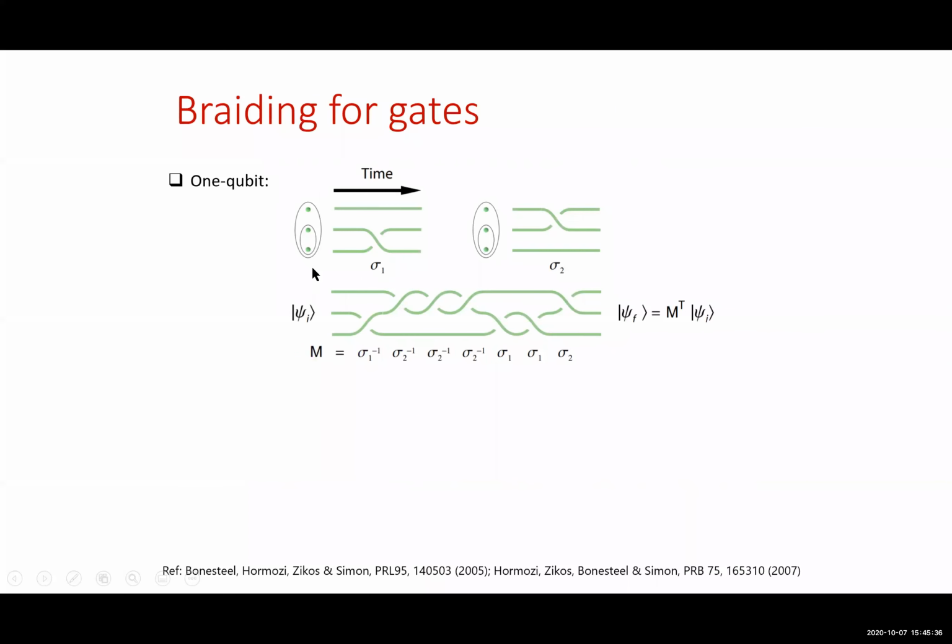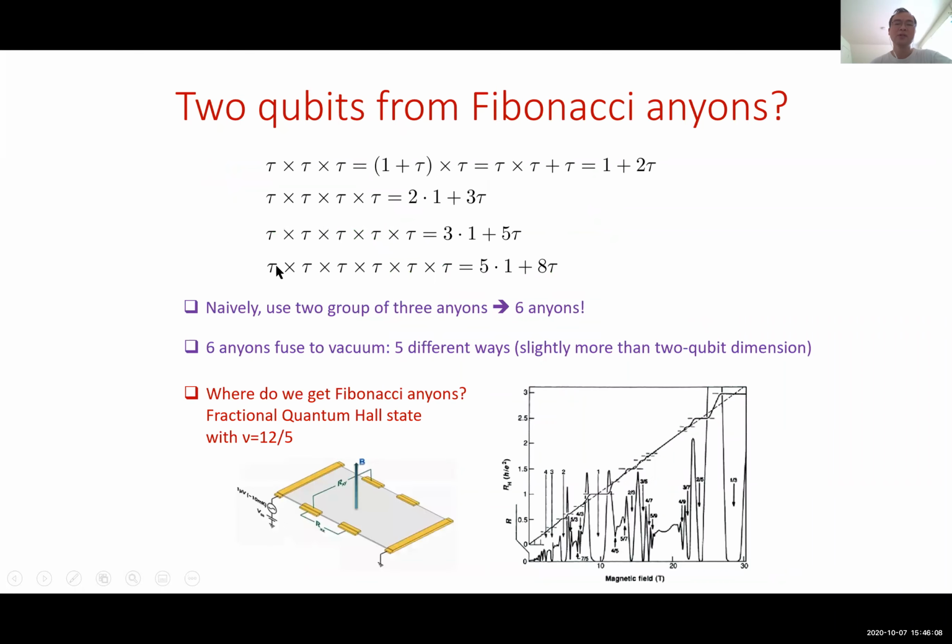If you can initialize these 3 anyons in a particular configuration, then by doing this, if this is universal, you can get to any initial state. So basically, if you have a way to initialize in some fixed state, and if your gate operation is universal, then you can use that.